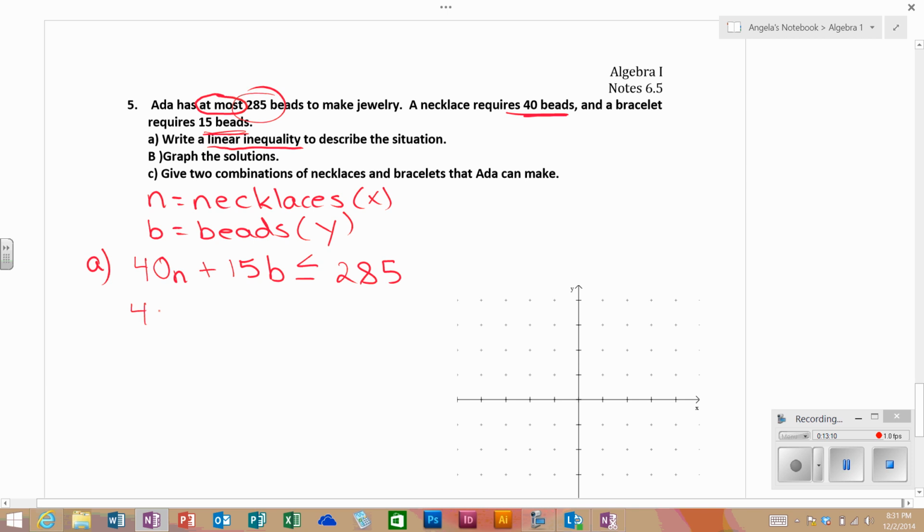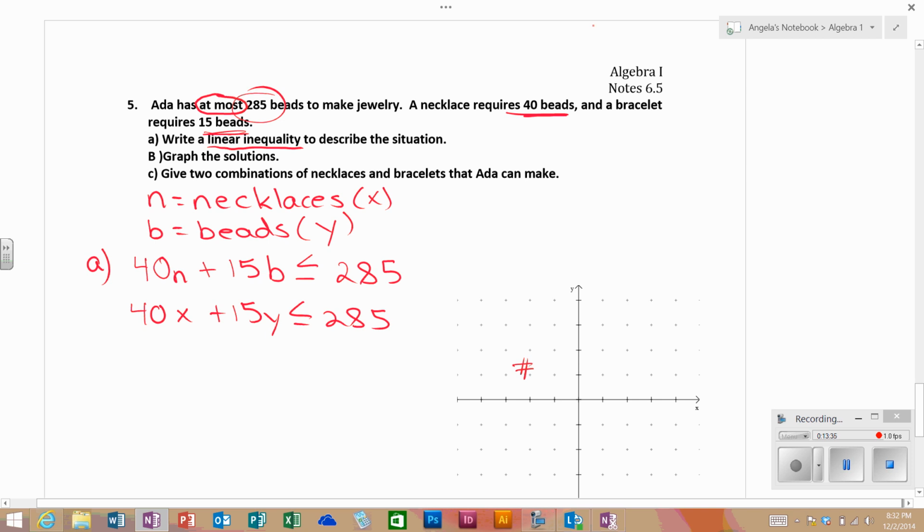If you want to rewrite this with X's and Y's, just because that might make life easier, you guys can, that's fine. You just have to know that your beads are on the y-axis. Yeah, the number of beads are for the bracelet.